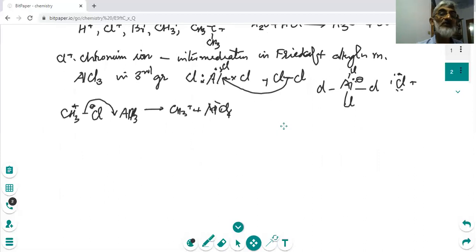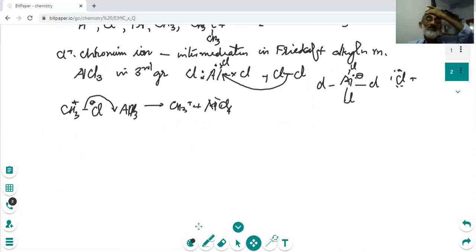Similarly, you can form CH3 plus and other electrophiles.